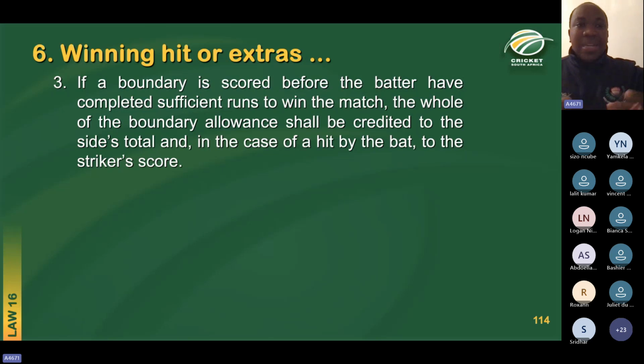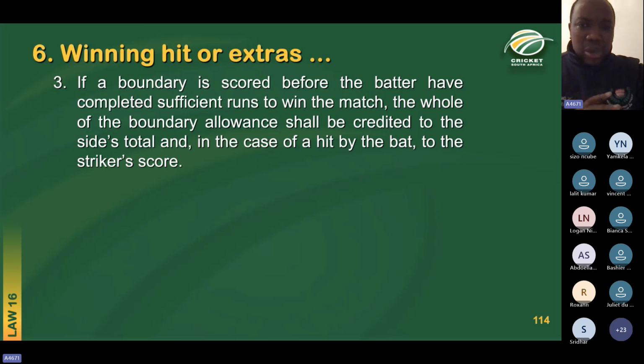If he completes the run by grounding his bat and making good his ground at the opposite end, as well as his partner doing the same, then that will be 1 run and that would win the game for India. And Virat Kohli would not get his century.